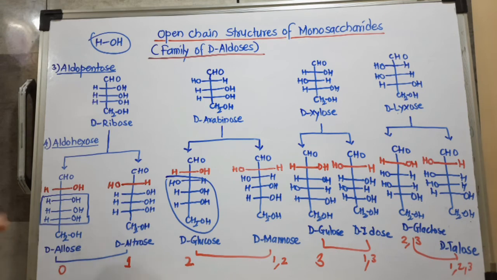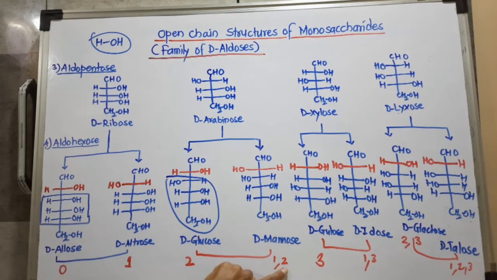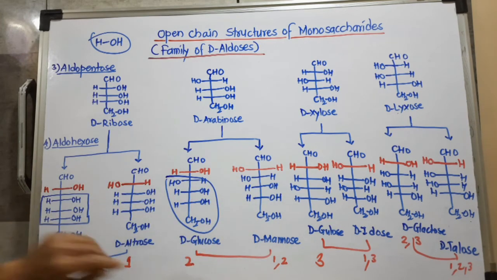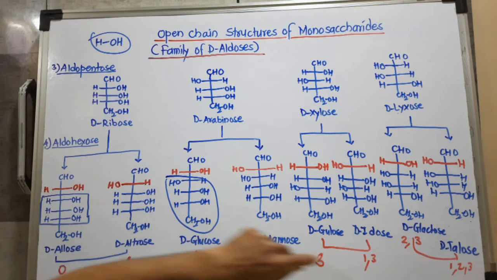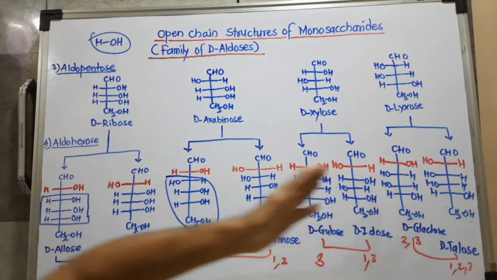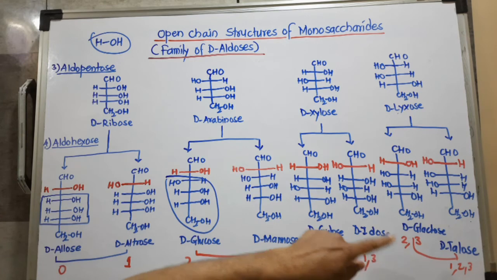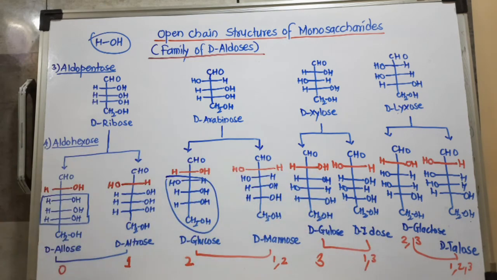How many hydroxyl groups or which hydroxyl group is toward the left hand side. 0 means no hydroxyl group toward the left hand side. 1 means first hydroxyl group toward the left hand side. 2 means second hydroxyl group toward the left hand side. 1 and 2 means first and second hydroxyl group toward the left hand side. 3 means third hydroxyl group left hand side. 1 and 3 means first and third hydroxyl group toward the left hand side. 2 and 3 means second and third hydroxyl group toward the left hand side. 1, 2, 3 means first three hydroxyl groups toward the left hand side.